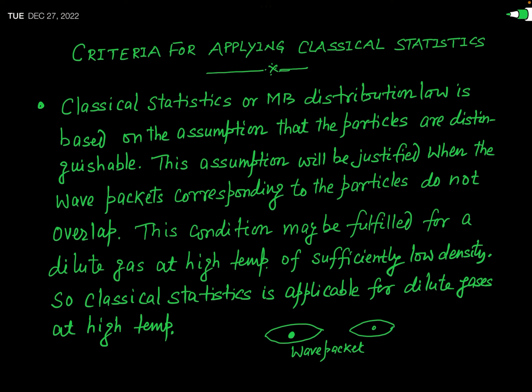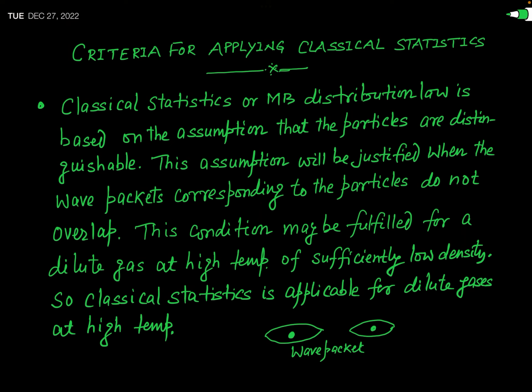If the wave packets of these two particles overlap, or superpose, in that condition the particles cannot be uncorrelated, they will be correlated. So the two particles are distinguishable only when the wave packets of the two particles do not overlap with one another.